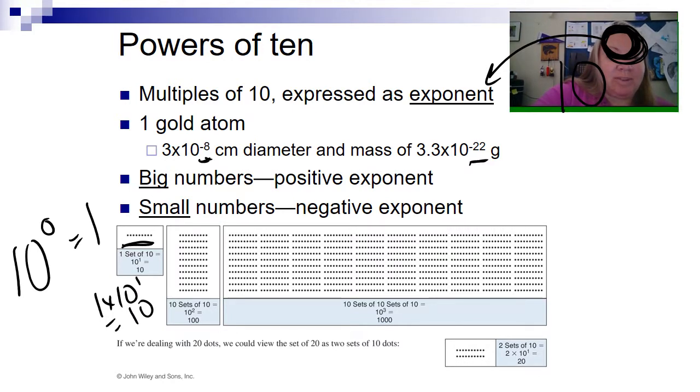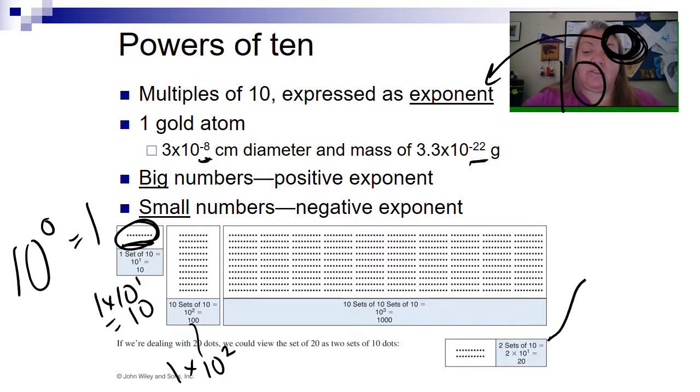And then they're representing that 10 with 10 little dots. Next we have 10 to the second power, or 1 times 10 to the second power. That means that we have 100. If it's 10 to the third power, we put 3 zeros. That's 1,000. It's showing us how many places we're going to move that decimal.